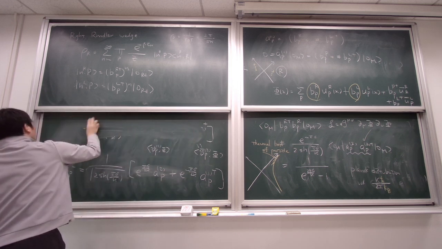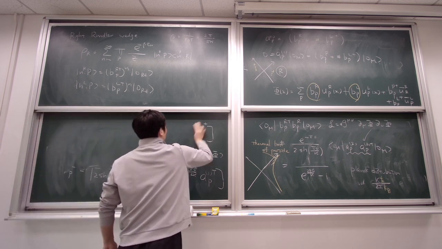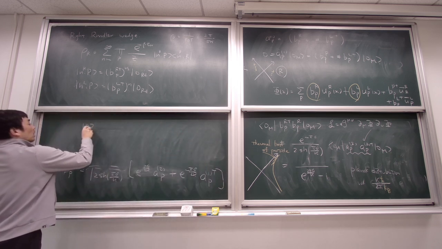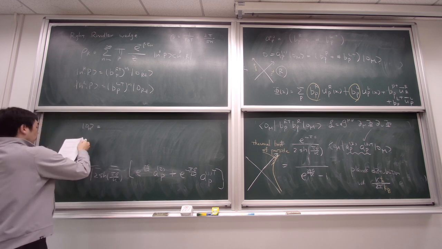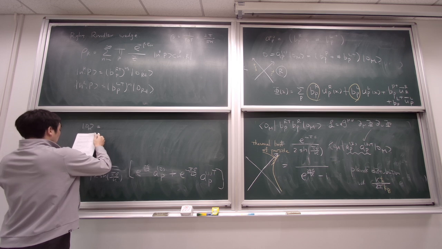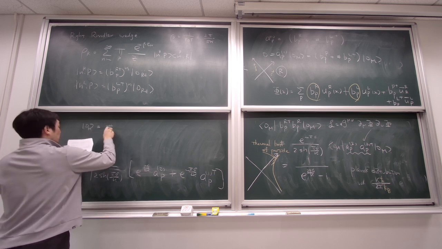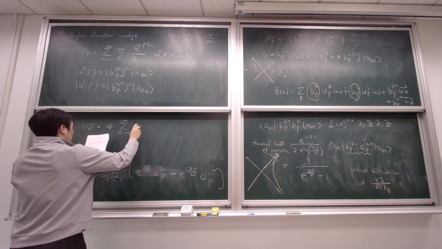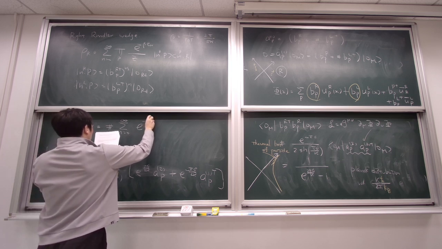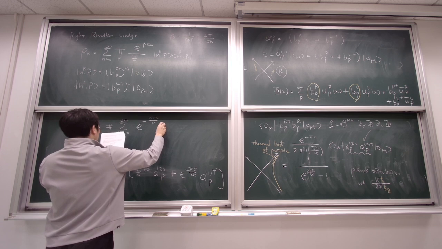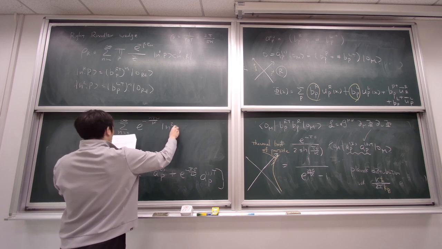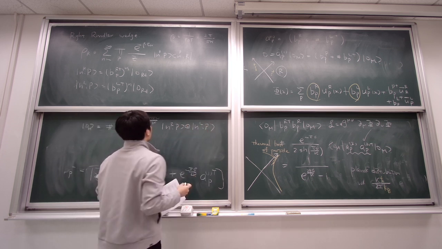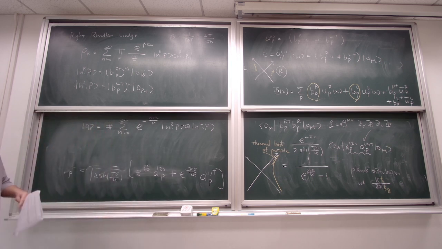The Minkowski vacuum should have the following form, with an appropriate normalization, which is not important: the sum from n equal to 0 to infinity of e to the minus n pi omega over kappa, times |n_R(p)> and |n_L(p)>.